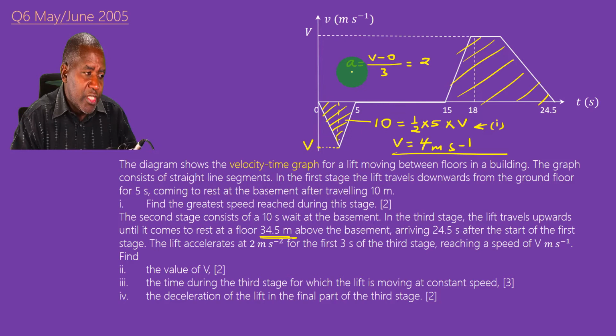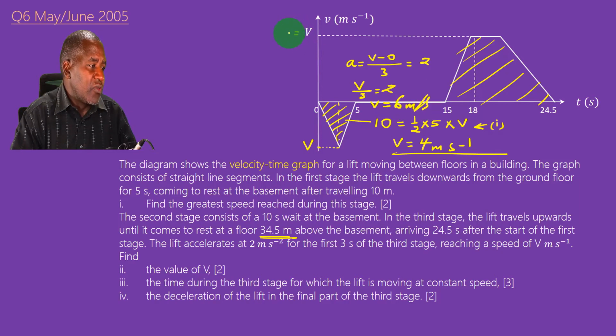So the acceleration is 2, and this is how we work it out. So you can see the gradient of a velocity time graph gives us acceleration. And this is how we get to know that V over 3 is equal to 2, implying that V is equal to 6 meters per second.